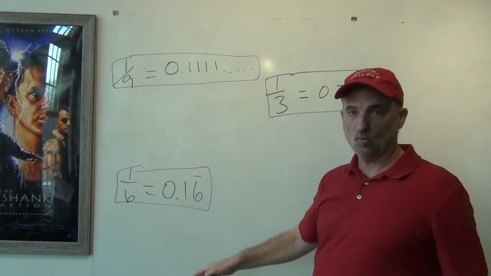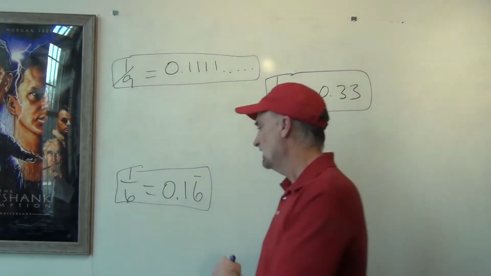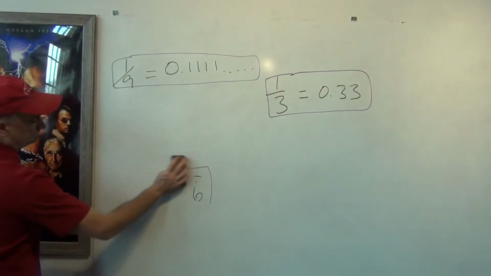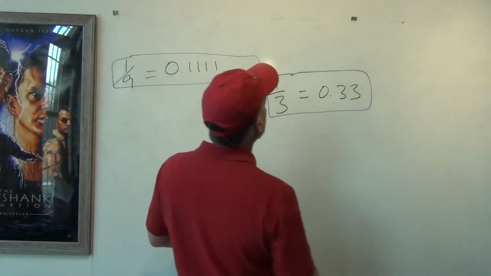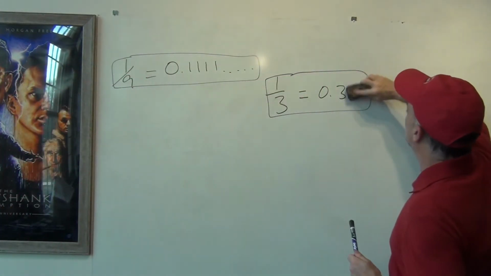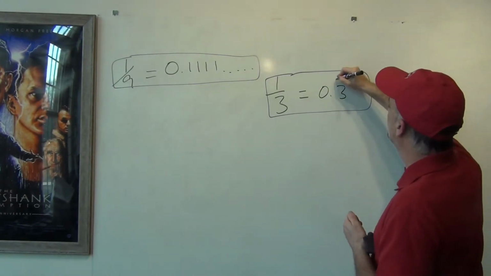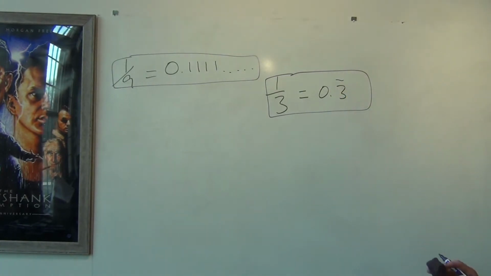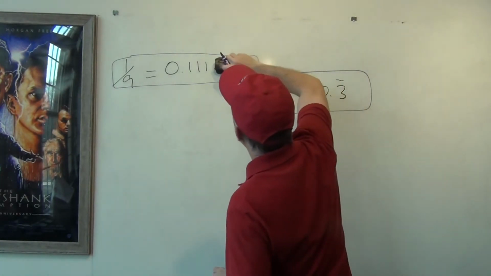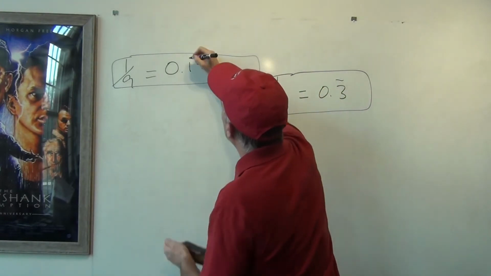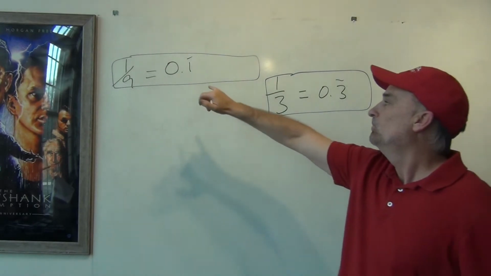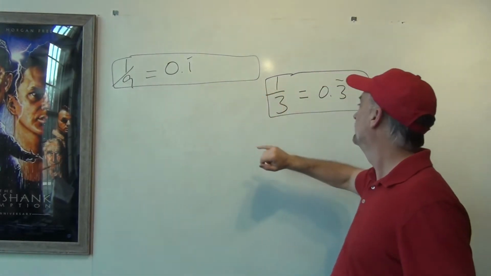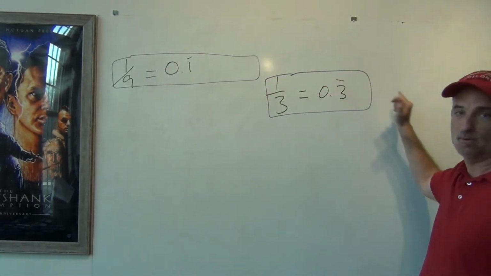Since the 1 does not repeat, I'm going to get rid of this one. And we're down to 2 of them. So 1/9 is 0.1 repeater, and 1/3 is 0.3 repeater.